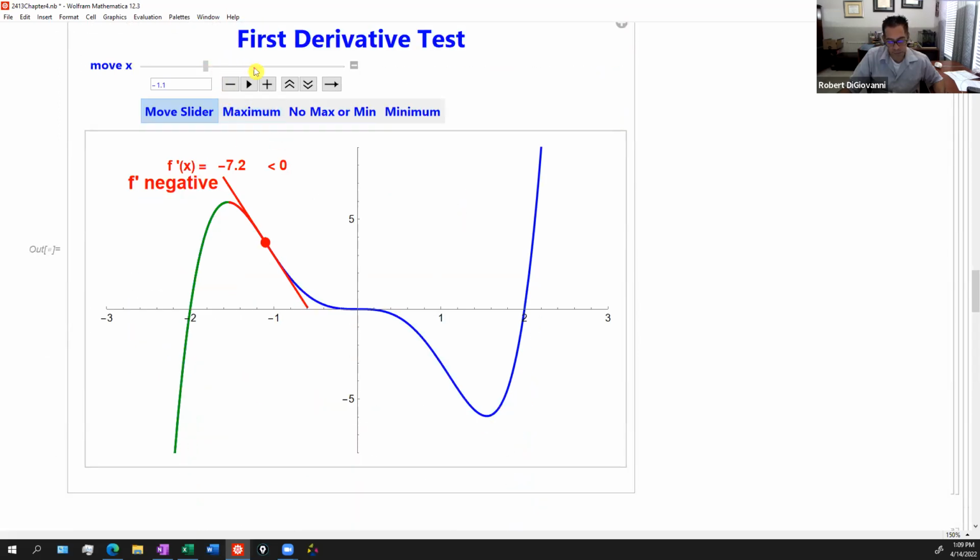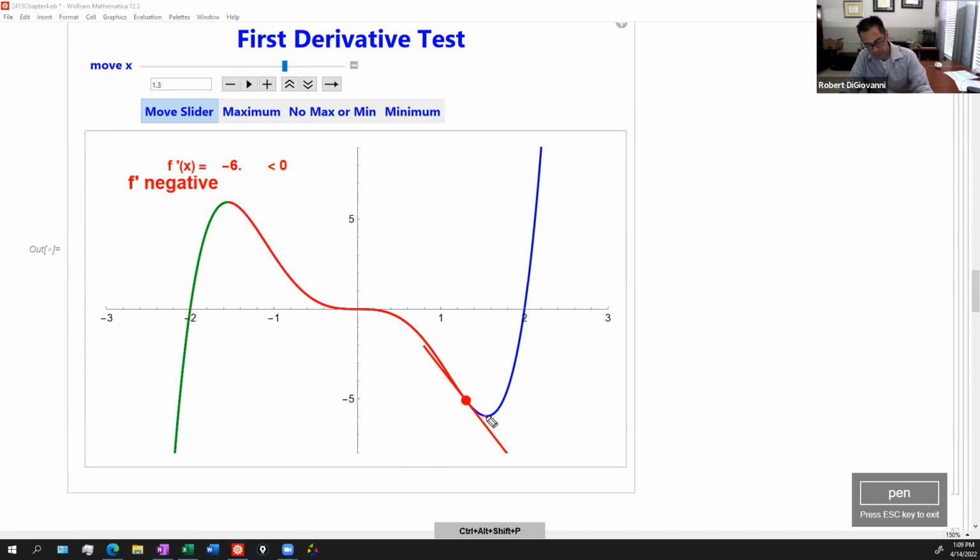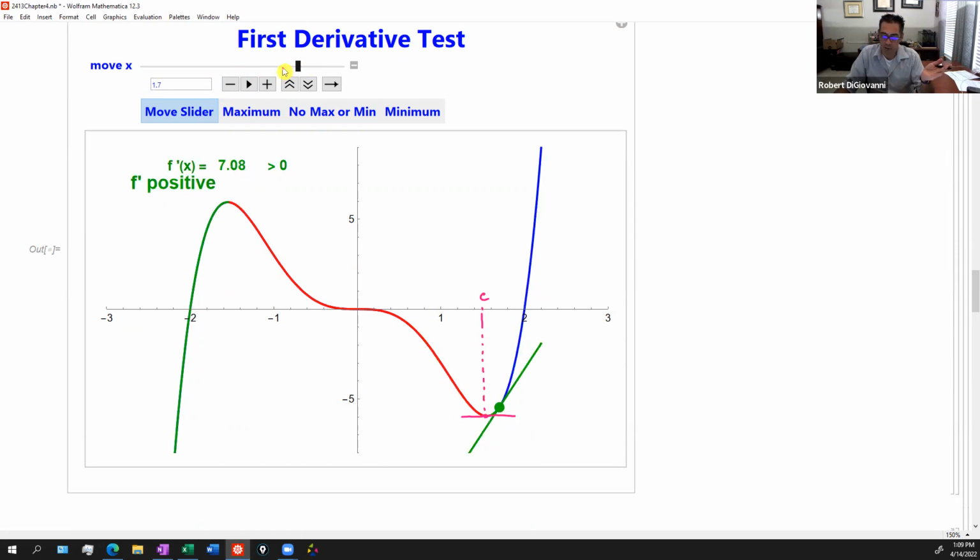Over here, you can see that at the bottom, again, we have a flat tangent line. So at c, that's a critical number, and the derivative changes from negative to positive. So anytime you change from negative to positive, as you move from left to right, you should be looking at a local minimum.